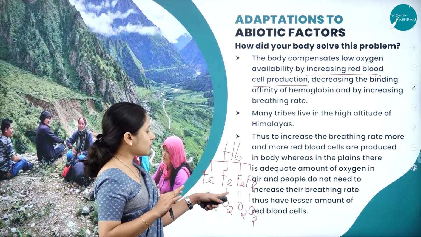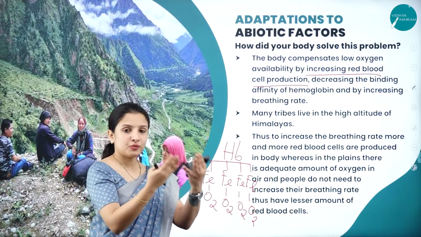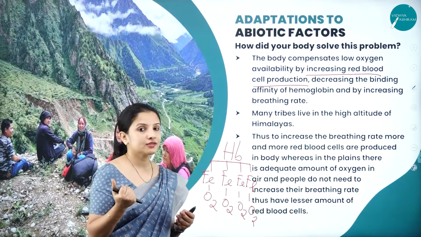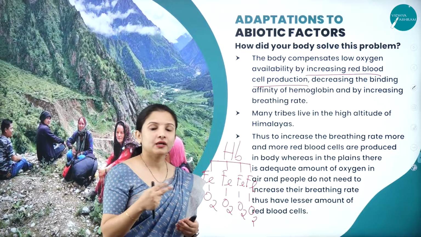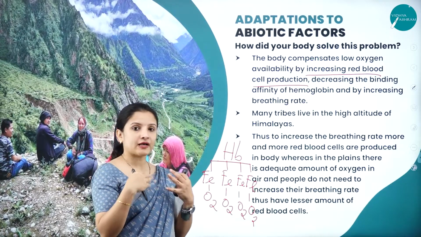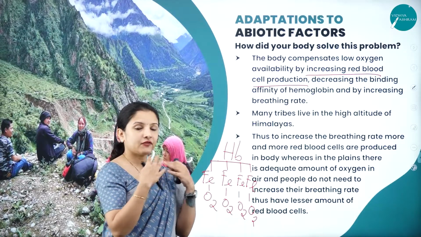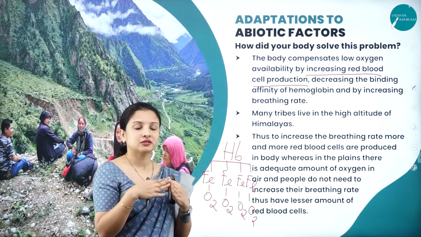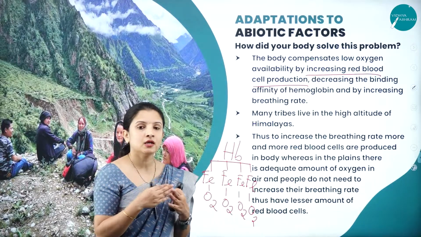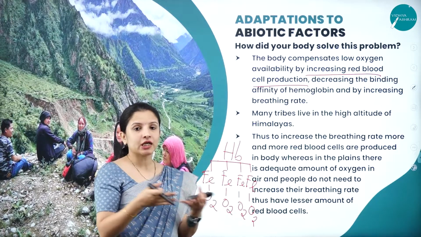Now, to carry those oxygen molecules, we have to breathe in. But what is happening at higher altitudes? There is low oxygen, right? That is why we start breathing fast, so that however much oxygen is there, we can take it in. Because of the faster breathing, there should be enough red blood cells to receive that oxygen and take it to the heart.